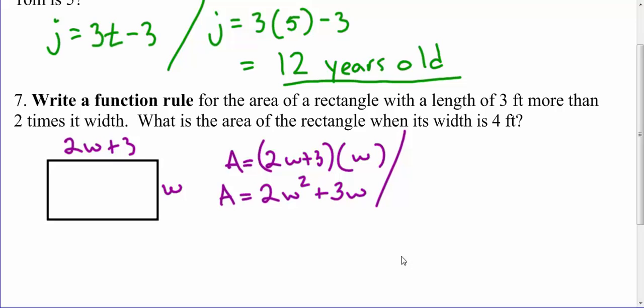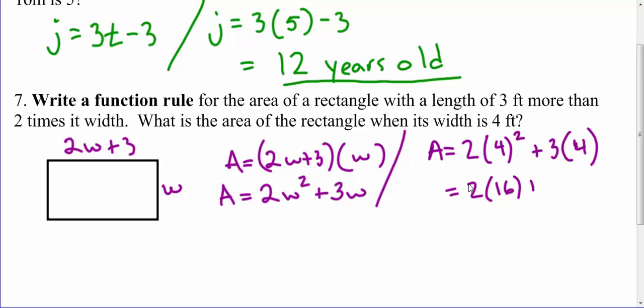Now, let's do the follow-up question. What is the area of the rectangle when its width is 4? So all I have to do to answer this question is anywhere in that function that I have a W, I'm replacing it with the number 4. Now we can go ahead and simplify this. So that's 2 times 16.